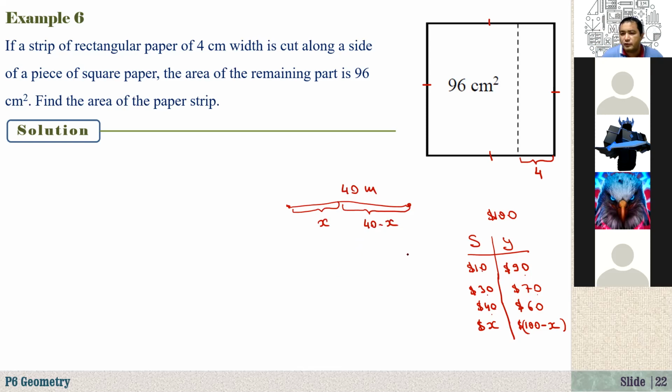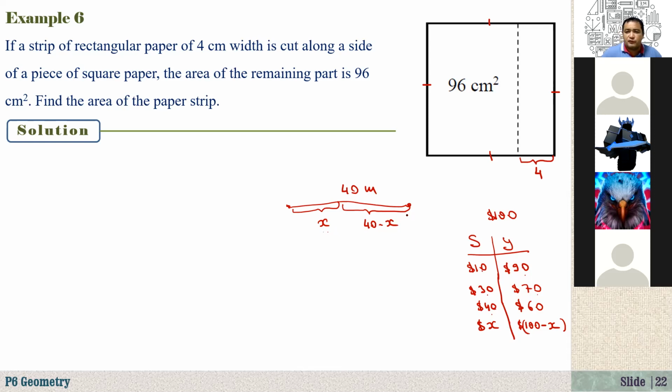Very simple, right? You're just subtracting because together it should be equal to 40. X plus 40 minus X equals 40. If X equals 10, the remaining part is 40 minus 10, which is 30. If X is 15, the remaining part is 40 minus 15, which is 25, right?